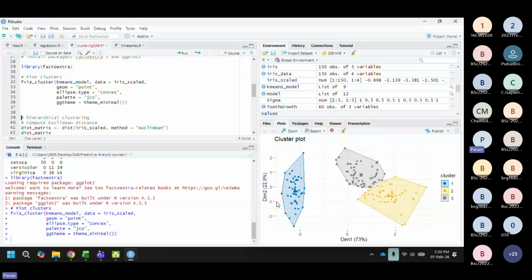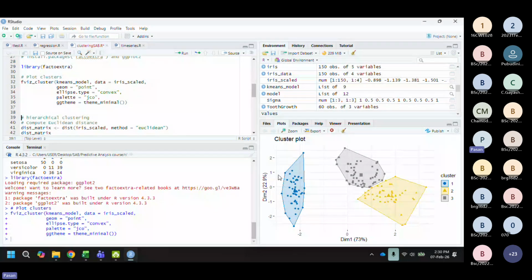Now they're looking at using two dimensions here and then plotting them, right? Originally we have four variables there, so by taking two of them combined together and the other two combined together or something like that, they are looking at two dimensions, and then the separations are going to be like that.